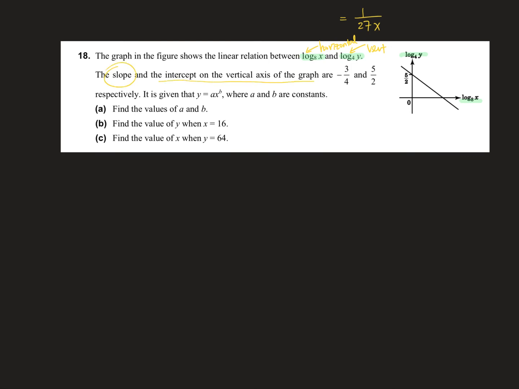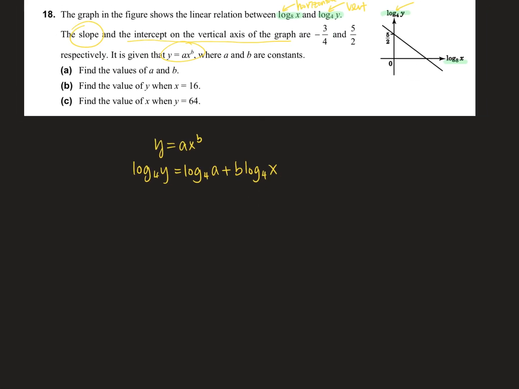So now let's start off with y equals a x to the power b. When we take log, I would suggest taking log with respect to the base on the vertical axis. That would make your calculation a little bit easier. You can also take log with respect to 8, but that calculation will be a little bit more clumsy.